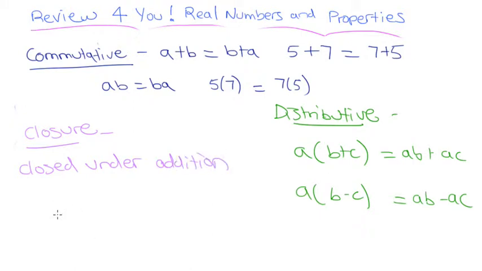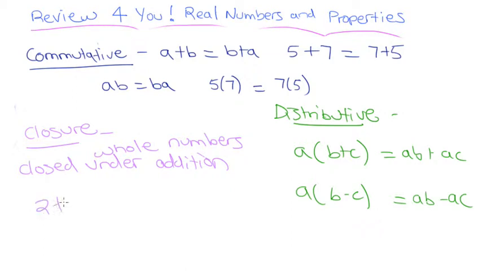That means you can add any two whole numbers and you will get a whole number. That is what the closure property says.